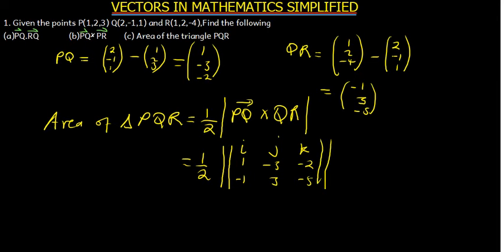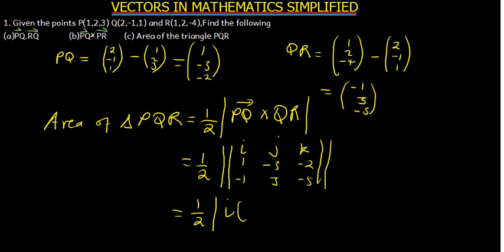Okay. Now this is going to be 1 over 2, and then what is the determinant of the matrix inside there? First get i. We remove the row and the column, so if we remove this and this, the matrix which remains, we find its determinant.